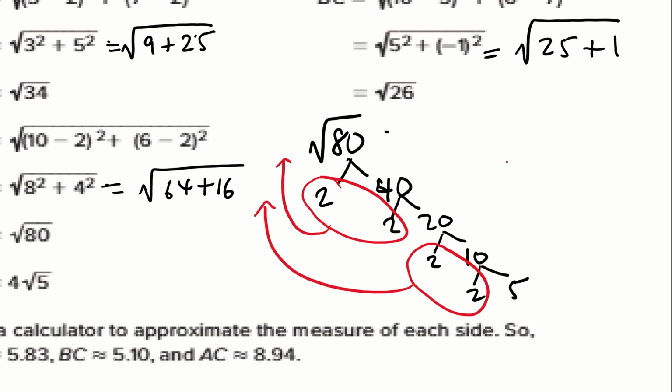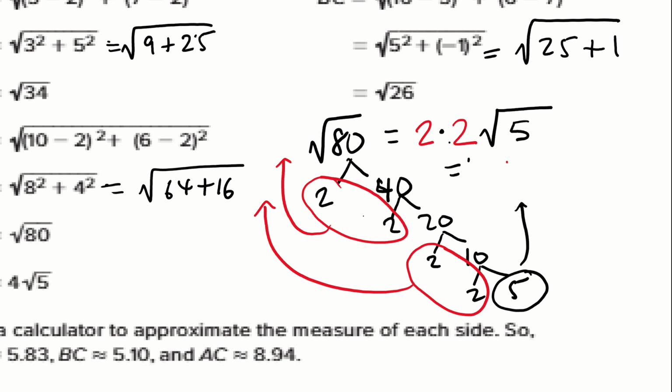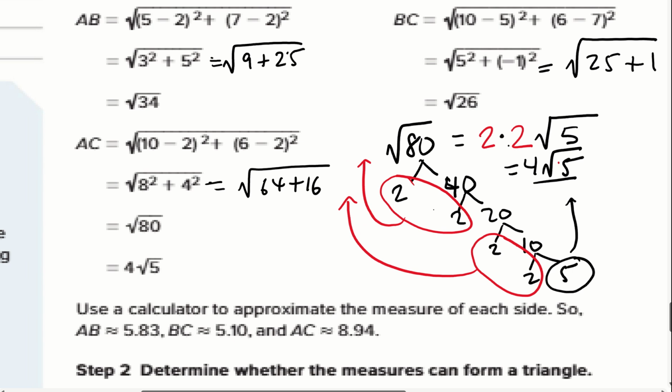So we got 2 and then another 2. We kicked them out as one individual 2 per pair. But since we kicked both of them out, we have to multiply them. Now, what else do we have left? Well, we only have a 5 left over, so that's going to stay on the inside. Then 2 times 2 is 4, so we get 4 square root of 5. All right, and that's exactly what they got there, 4 square root of 5.